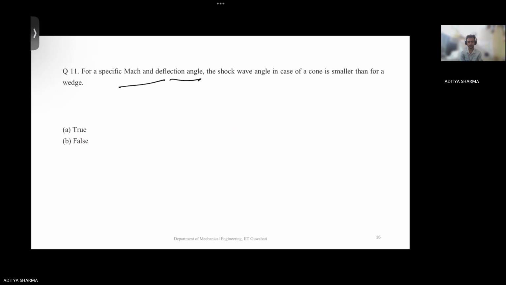Whether this is correct or not, this is a correct statement. The shock wave angle beta is less in case of a cone.